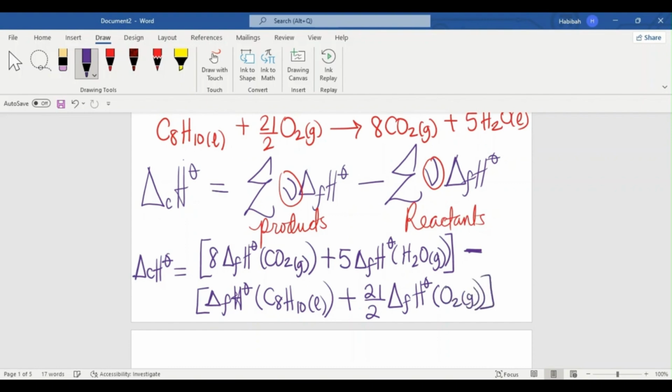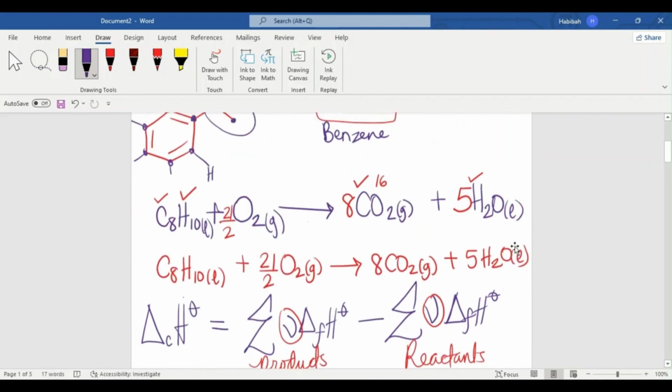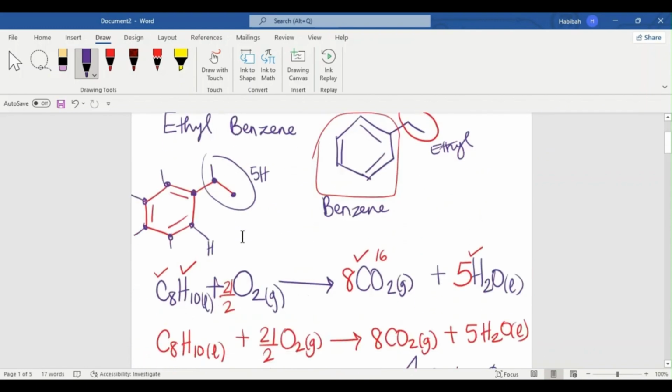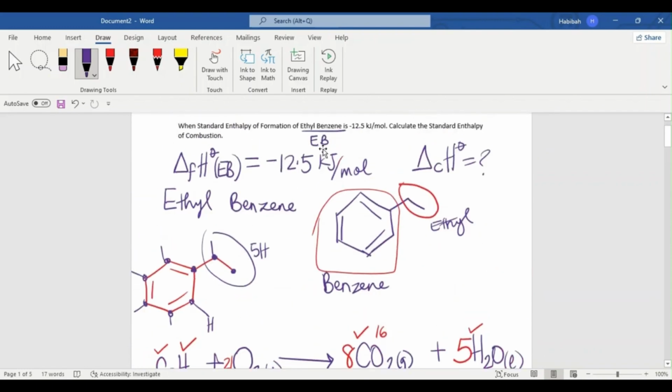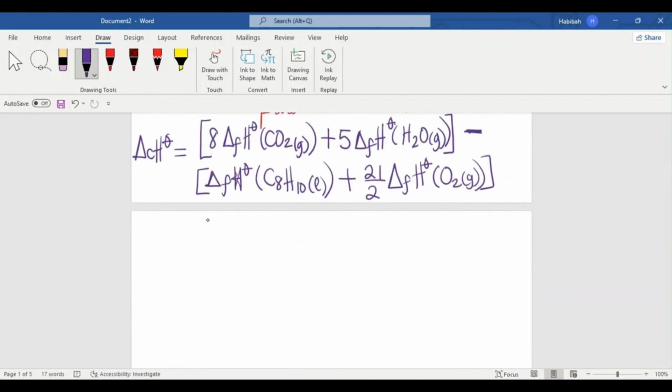So this is basically how it's done. This is how you write out the structure of this part, which is very, if not the most, important part of the question. Let's not forget that we've been given the standard enthalpy of formation for ethylbenzene. This is the whole point. This is the reason why we have this. So let me rewrite the standard enthalpy of formation of ethylbenzene.